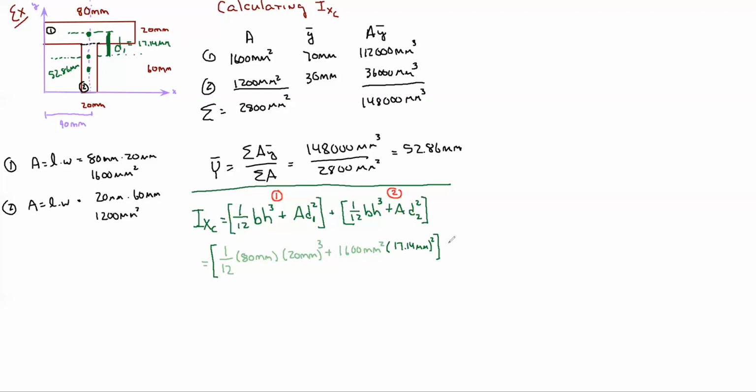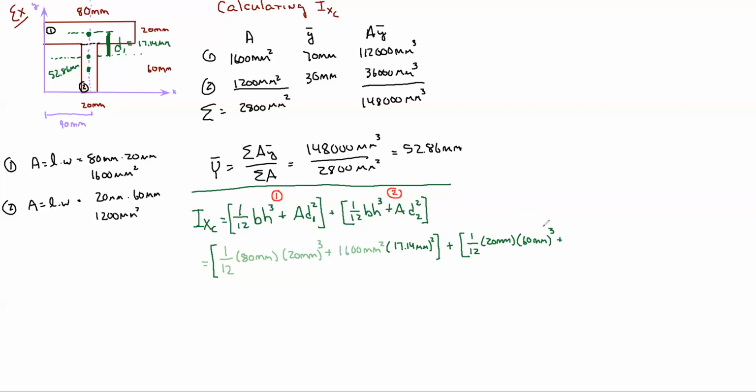Okay, all right, part 2. Same idea, 1/12. The base of part 2 is 20 millimeters. The height of part 2 is 60 millimeters. We raise that to the third power. Now we need to bring in that factor, right?